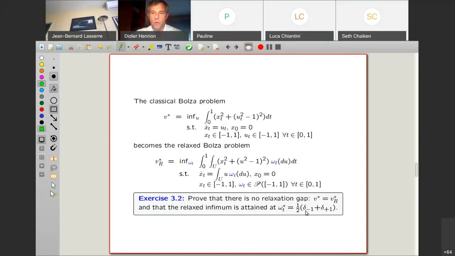So somehow the optimal control law is a superposition of two possible control laws, the one at -1 and the one at +1. You can prove that this infimum is attained. Actually, you have to prove that it is attained, and hence that this problem has a solution, contrary to this one.